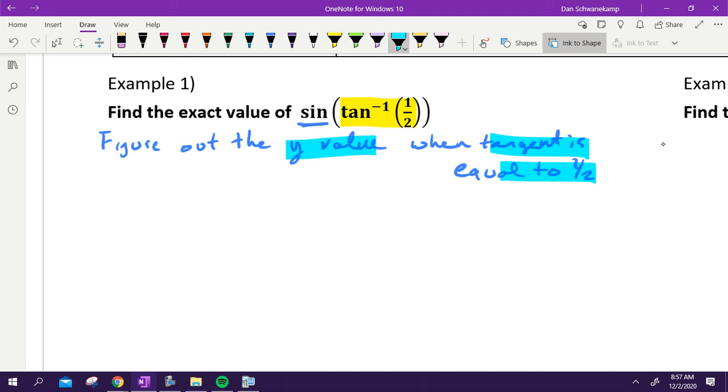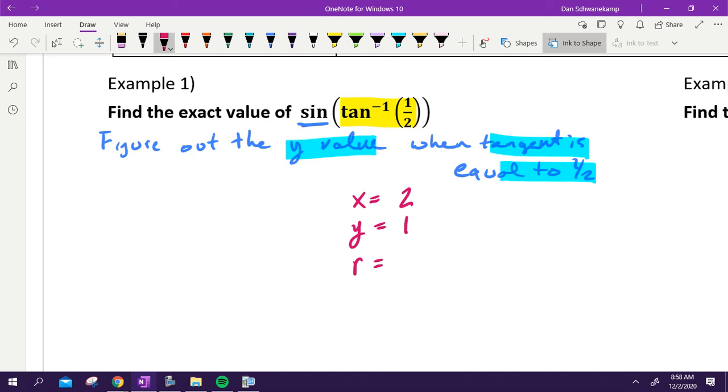So when we see inverse tangent is 1/2, what I'm going to pull from it is the x, the y, and the r. That's going to tell me the information about this angle. If tangent's 1/2, what does that tell me? Y is 1 and x is 2.